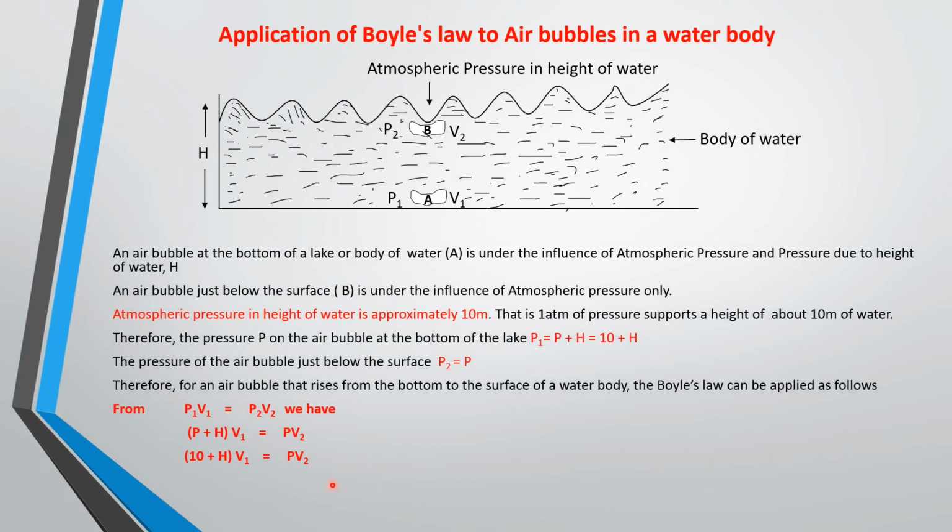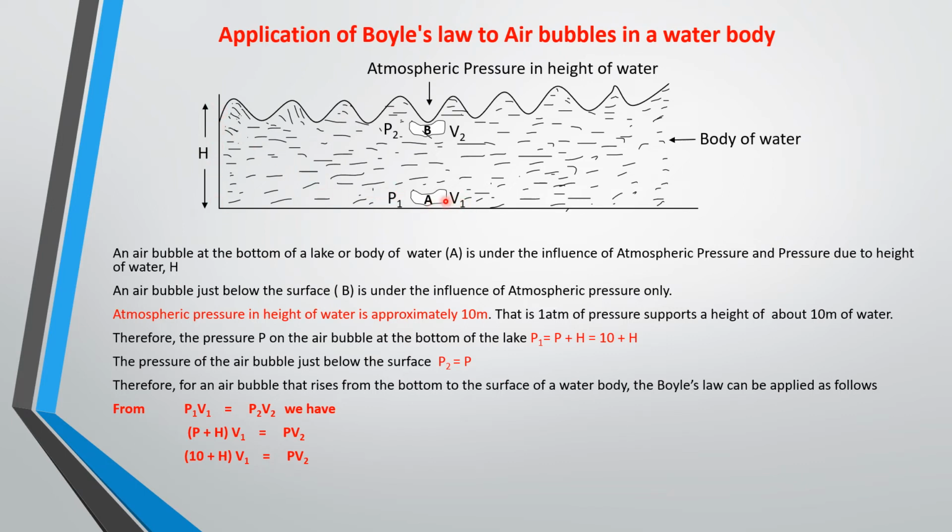We can also apply this Boyle's law to an air bubble that is under a water body or under a lake. Assuming this is an air bubble that is at the bottom of the lake, the pressure on this air bubble at the bottom of the lake is equal to the atmospheric pressure plus the pressure due to the height of the water column.